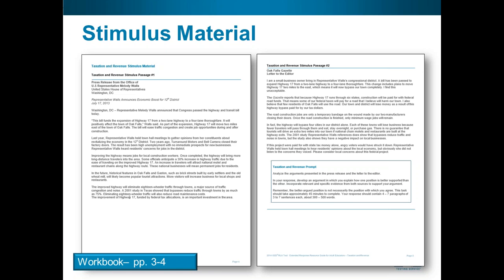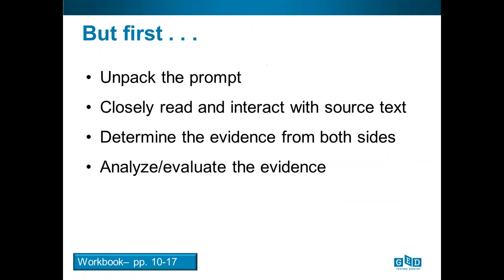As we talked about the last time, we're going to use these two stimulus pieces before a student ever starts doing anything with the writing. Remember that a student first has to unpack the prompt, analyzing it well, closely read and interact with source text, determine the evidence from both sides, and then analyze and evaluate the evidence. You're noticing that on the bottom of this slide it says workbook pages 10 to 17.